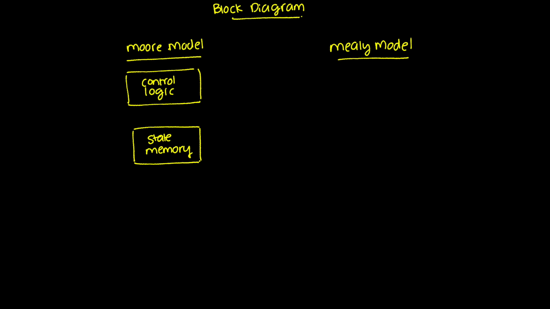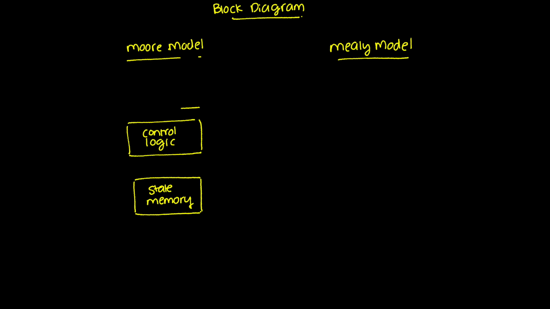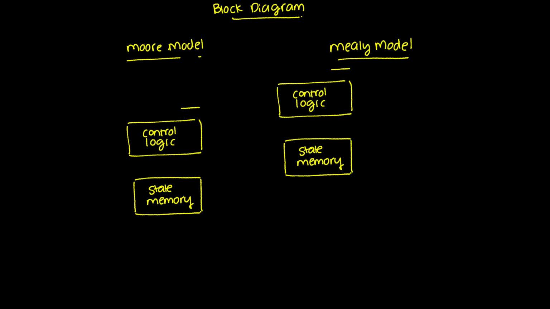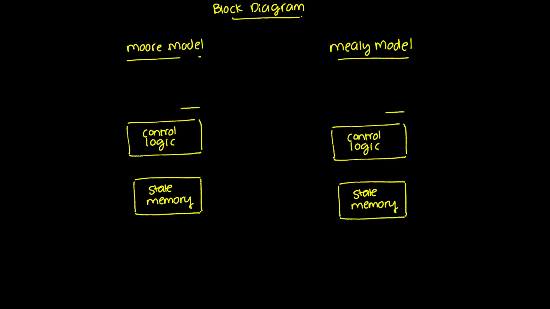If I'm using, let's say, JK flip-flops, it's all that combinational circuitry that is an input to or wired to my J's and K's for all my flip-flops. So that's control logic. And these are common, by the way, to both Mealy and Moore, so I'm just going to copy it over here.